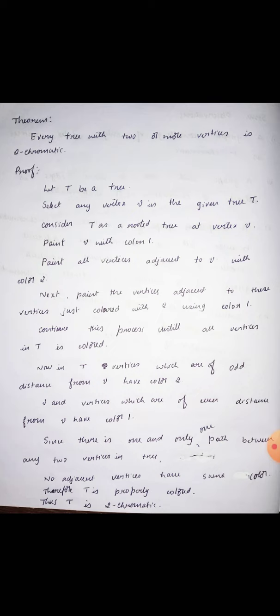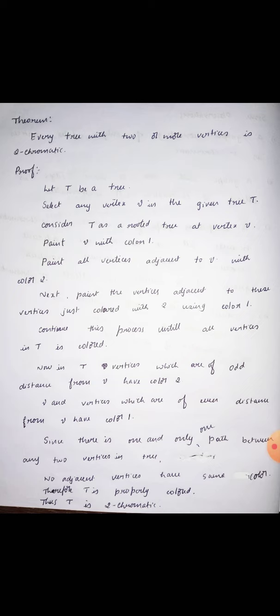And we also know that for every pair of vertices in a tree, there is one and only one path between them. That we have studied in the concept of trees. We have seen many theorems, and some of those concepts we are using here. Okay, we'll see what the proof is.